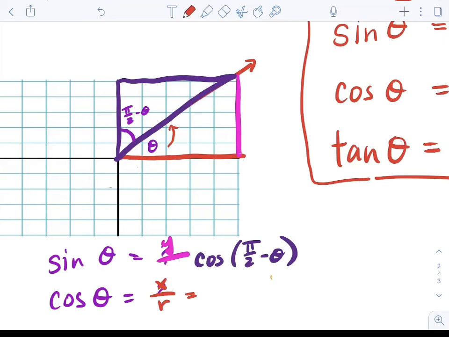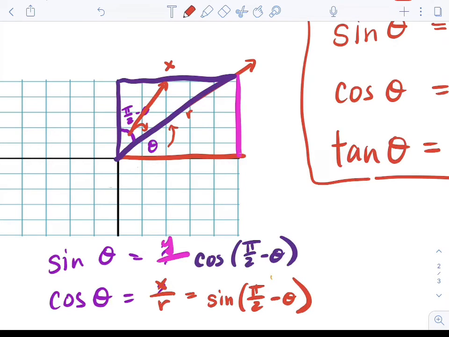So let's take our pi over 2 minus theta to figure out what is the x value, what's the r value in that purple triangle. Well, the x value would be the side over here. The r value is still the same, the diagonal. So what is that from that angle pi over 2 minus theta? Well, it would be the opposite side over the hypotenuse, r. Opposite over hypotenuse, well, that's sine of pi over 2 minus theta.